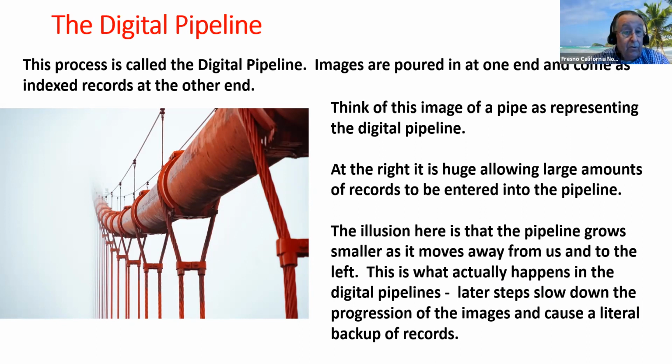And this is literally what happens in the process of getting images to us. This is why there are so many images that are not indexed, because that last step is the indexing end, and indexing goes much slower than the process of digitizing goes.